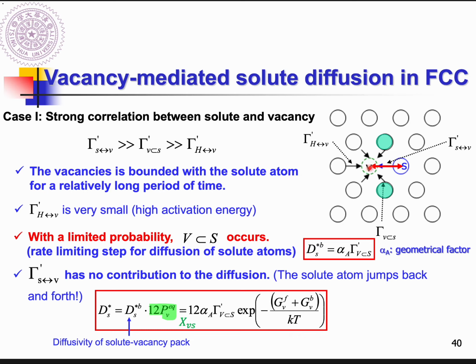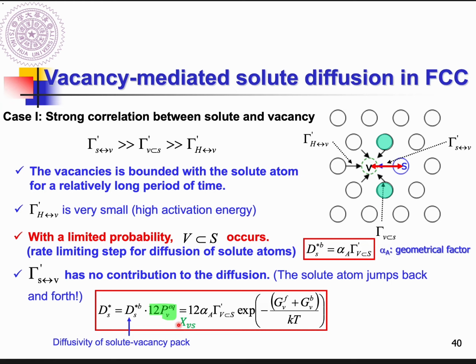This is the diffusivity of the solute vacancy pack, right? But for this diffusion to happen, you need to consider the probability of finding this vacancy solute pack, right? So the probability is quite important, same idea as XV and XI being important for the vacancy mediated and interstitial mechanisms, right?